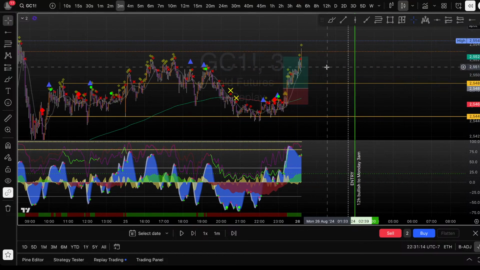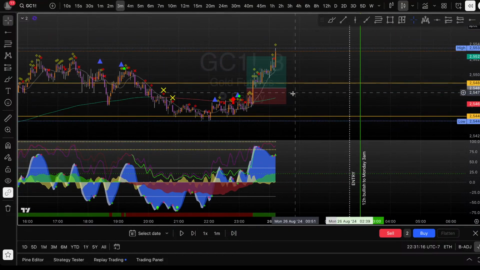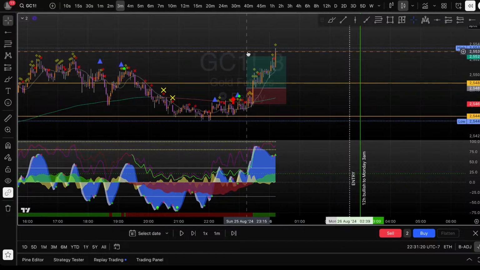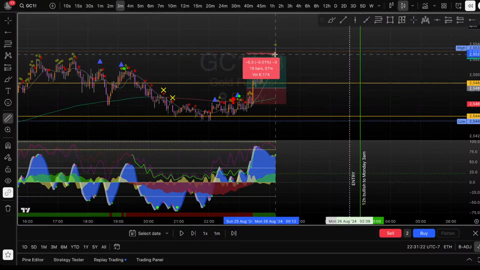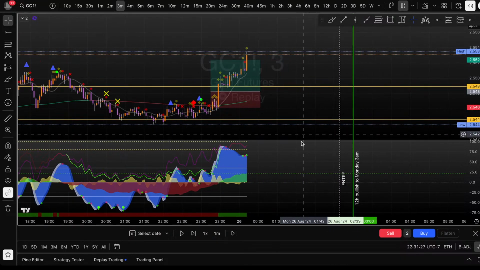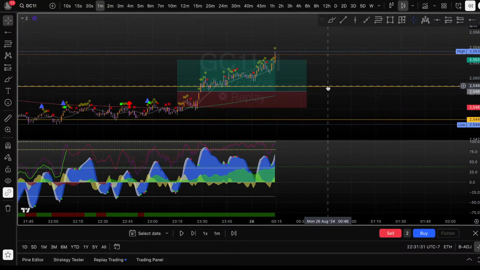Expecting some turbulence. We've been in the trade now for an hour. We like what we see for continuation.